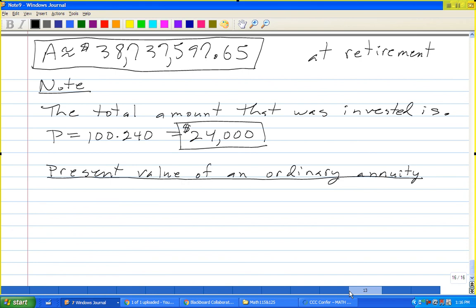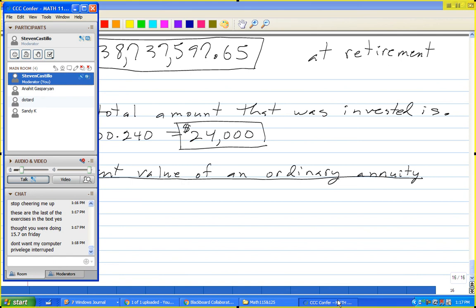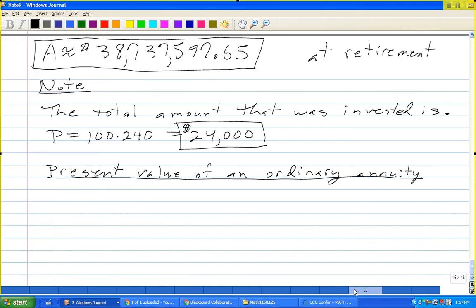And so how much do you have to invest into an annuity so that at the end you have some amount that you want?